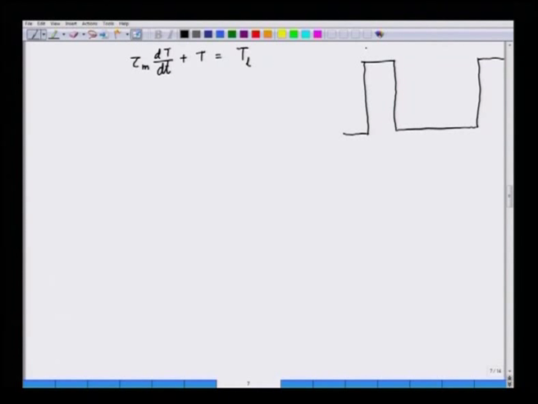So, if this is TLH and this is TLL, and this time is TH and this time is TL, we will start our coordinates from this.